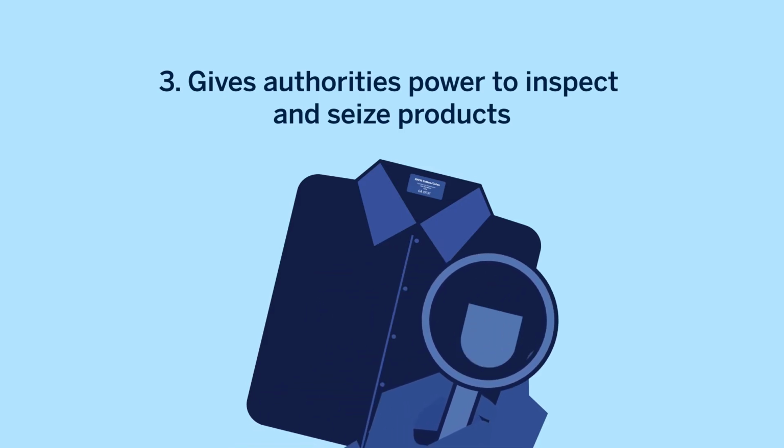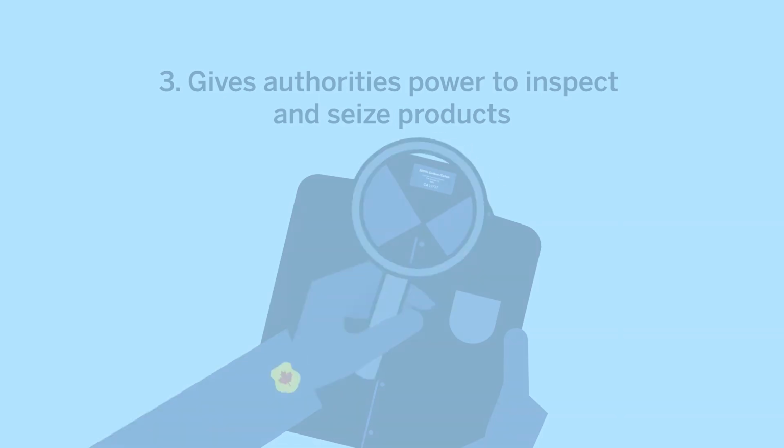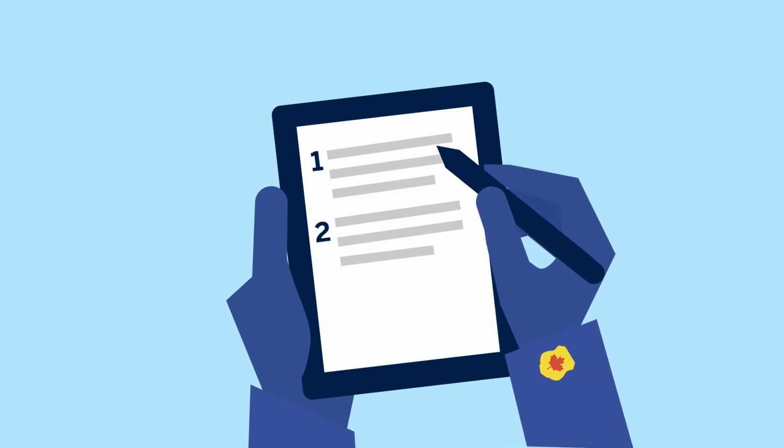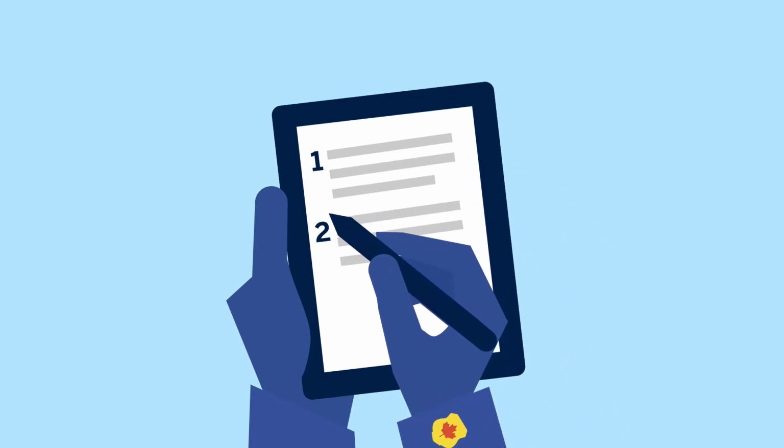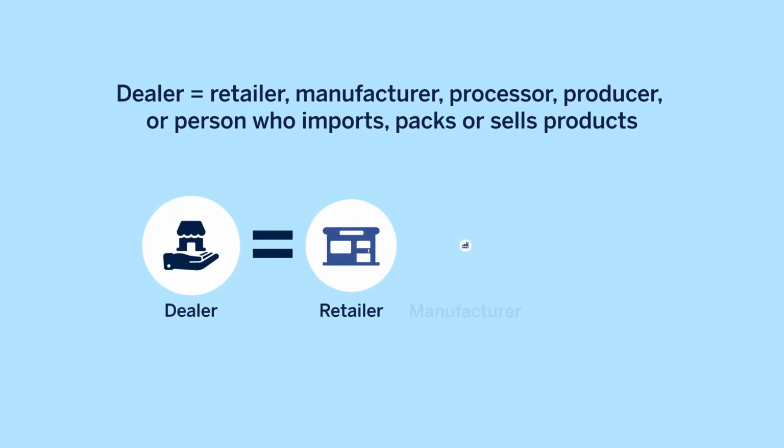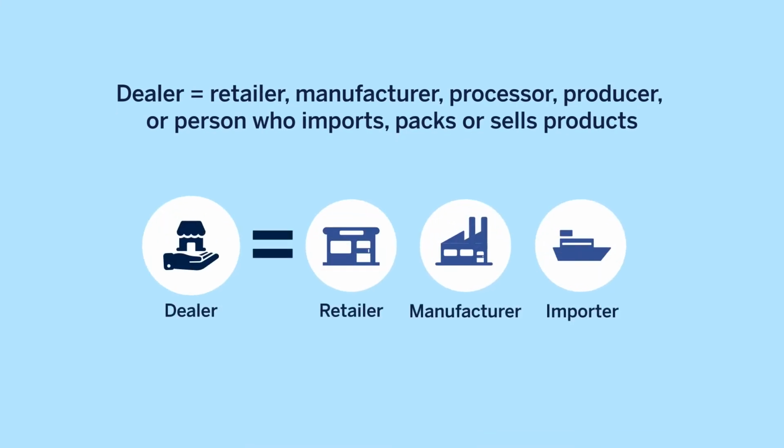The Textile Labeling Act sets out the 2 mandatory information statements that dealers must show on their textile labels. For the record, a dealer is a manufacturer, processor, finisher, or retailer of a textile fiber product, or a business that imports or sells a textile fiber product.